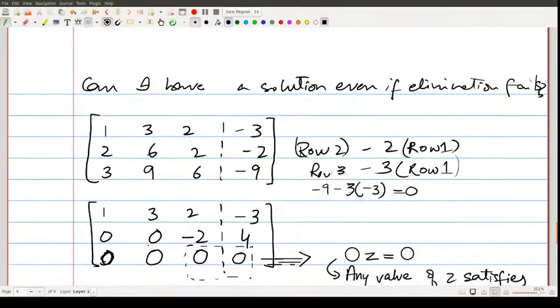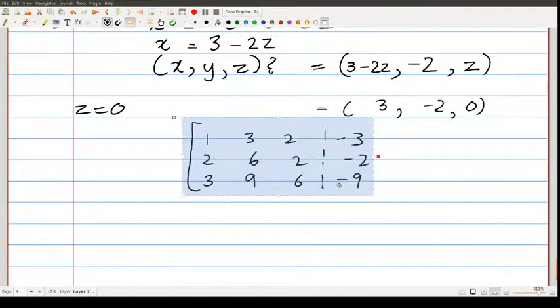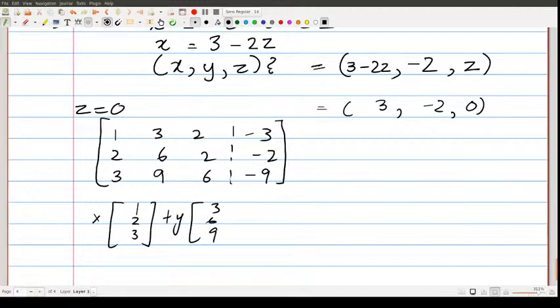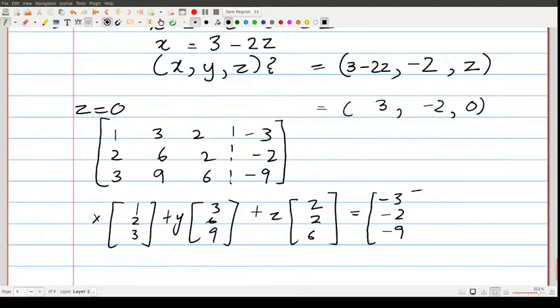Let's take this modified system that I was solving, and let's see in terms of columns if I really get this to be a solution. So this was the new system: x times 1, 2, 3, y times 3, 6, 9, z times 2, 2, 6, and what I should get is minus 3, minus 2, minus 9.